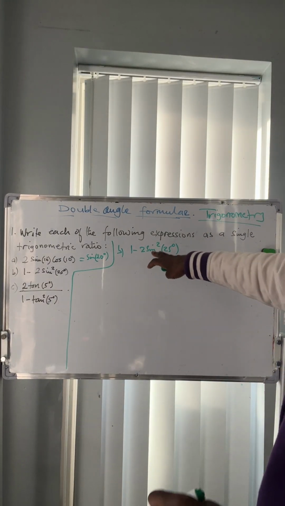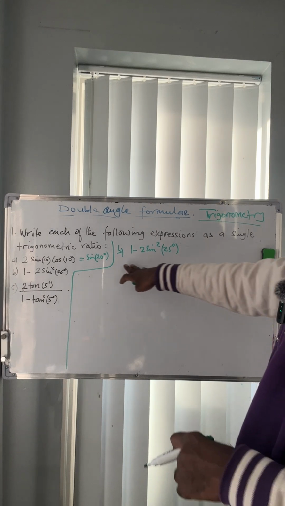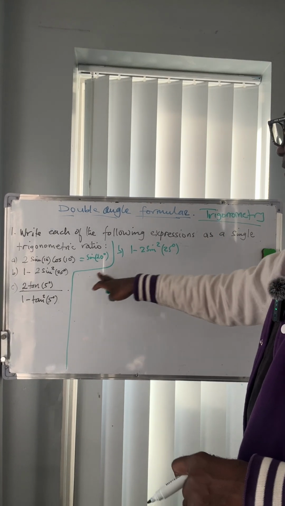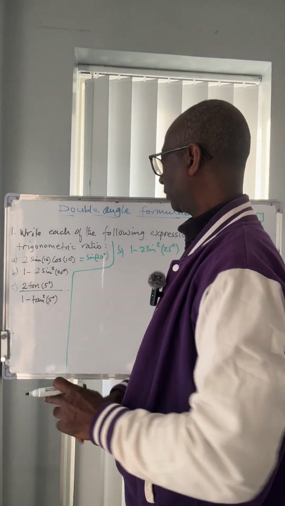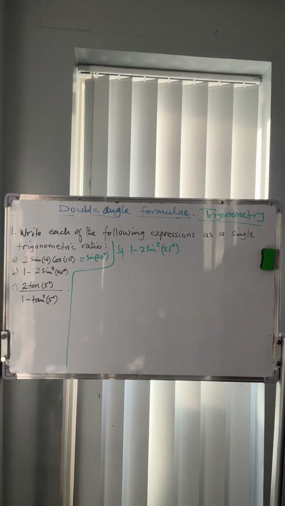We're asked to express this function as a single trigonometric ratio. So, how do we go about this?